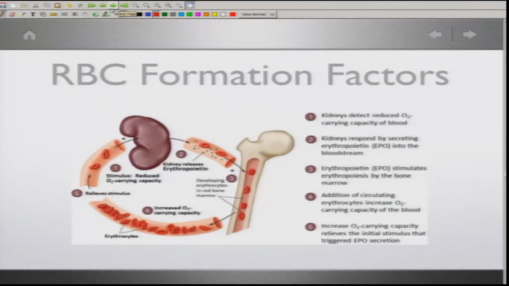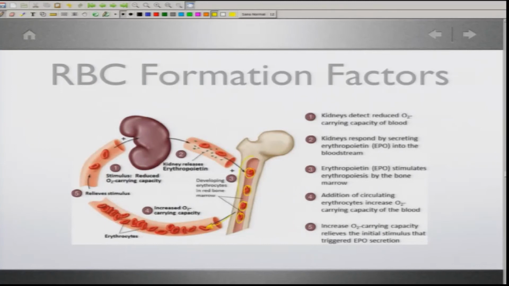Now, RBC formation factors: the kidney releases erythropoietin, I will talk to you about it. Erythropoietin goes and hits these bone marrow cells, and in the bone marrow these cells divide to form RBCs. Okay.